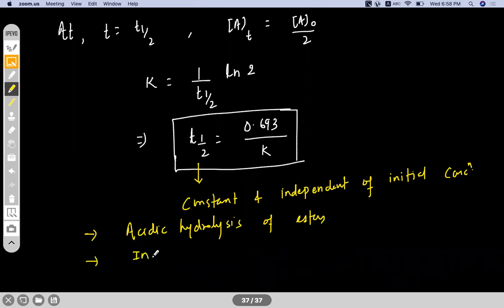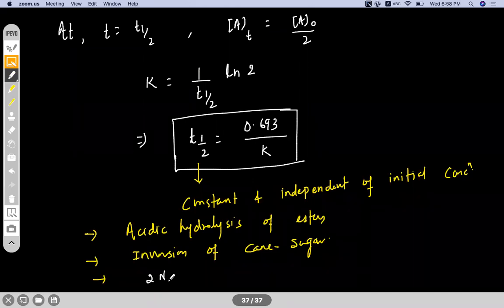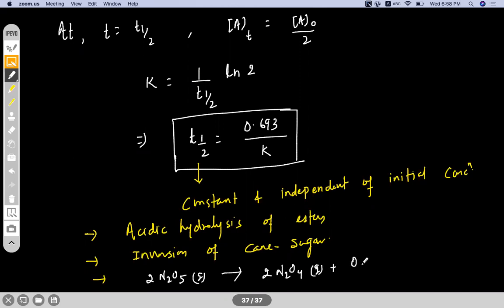Inversion of cane sugar. Decomposition reaction, like we have 2N2O5 gas decomposes into 2N2O4 gas plus O2. Decomposition reaction.